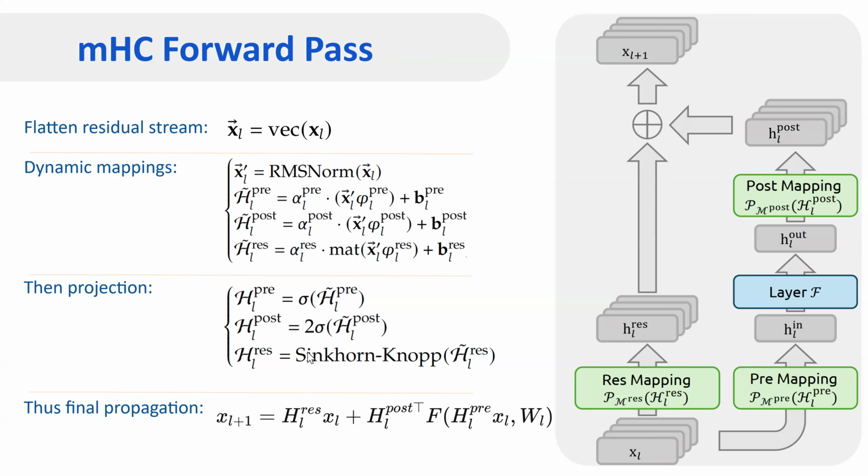And to enforce it being doubly stochastic, we apply this Sinkhorn-Knopp algorithm, which is really simple. And here we can see that the formula is the same as HC, not mHC.